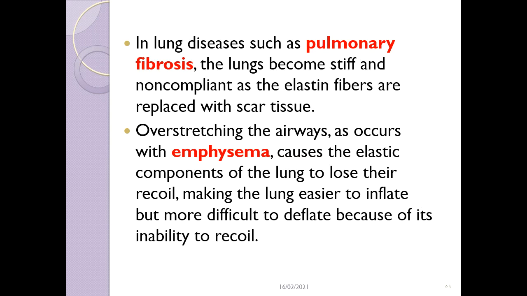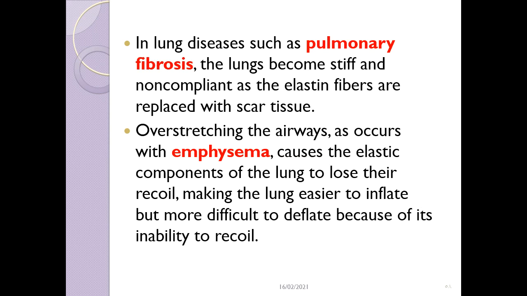In pulmonary fibrosis, the lung becomes stiff and non-compliant as the elastin fibers are replaced with scar tissue. The ability of the lung to stretch will decrease, and thus the respiratory function of the lung will be affected. While in emphysema, overstretching of the airway occurs.